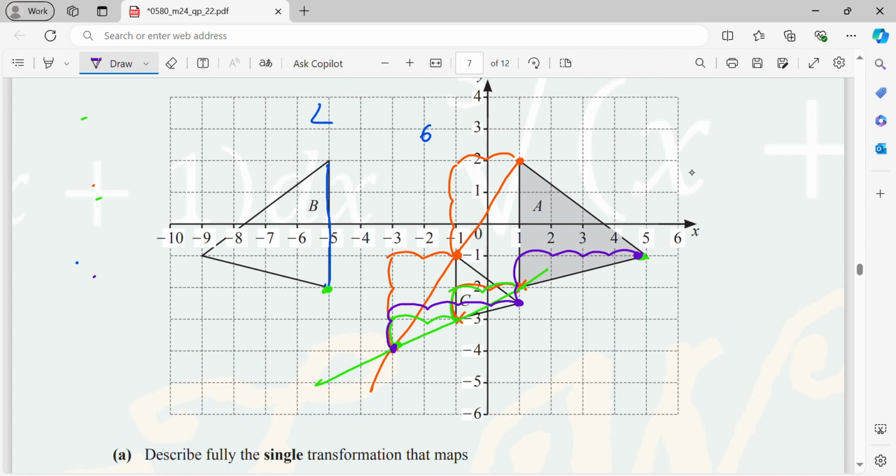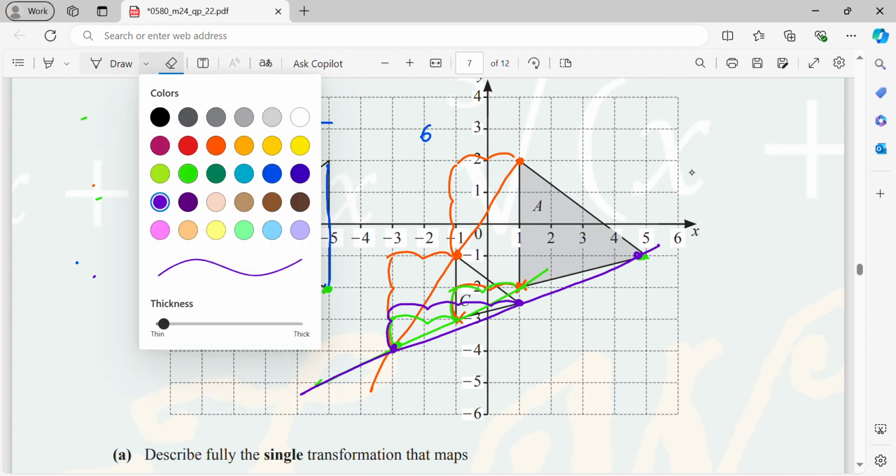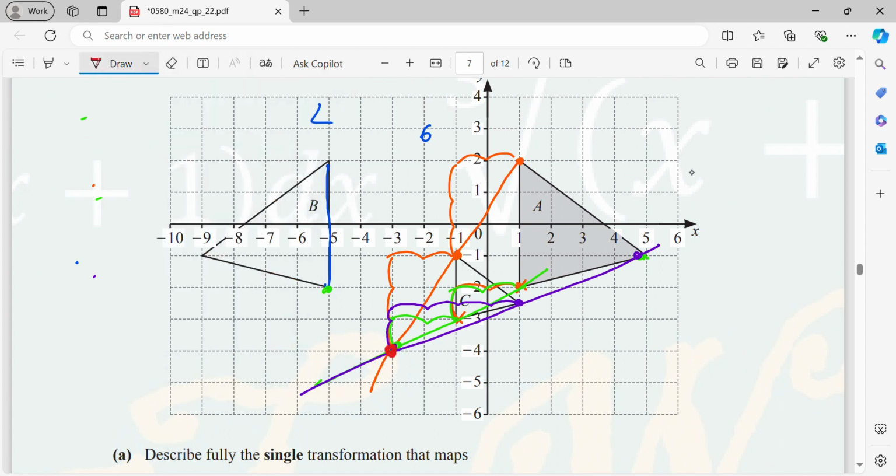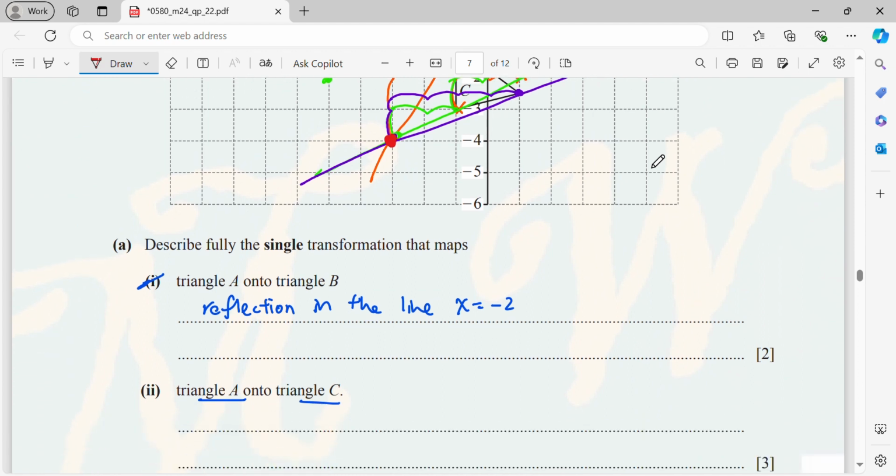So if you use the ruler to join the points, this is the line. Because I don't have a ruler here, that's why I have to calculate like this. Okay, so obviously your intersection point is at minus 3, minus 4. If you have the ruler, just join to get 3 lines. The orange line, the green line, and also the purple line. Okay, so from here, I will say that is the enlargement.